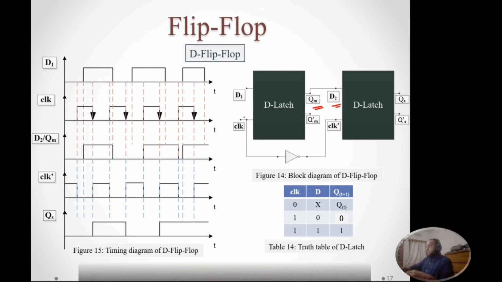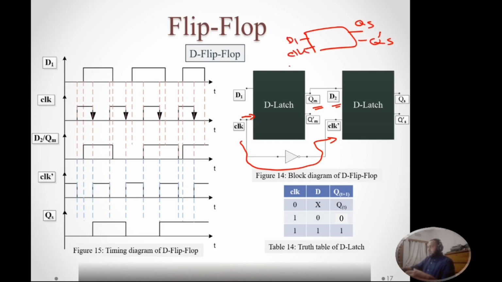We have connected the main clock to the clock signal of first D latch, but we have connected the main clock signal to the clock of second D latch through an inverter. And if we connect like this, we will get the D flip-flop where our main outputs are QS and Q prime S, and our main input is D1.